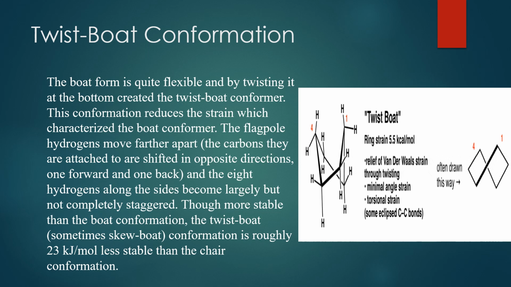And the 8 hydrogens along the sides become largely but not completely staggered. Though it is more stable than the boat conformation, the twist boat conformation is roughly 23 kilojoules per mole less stable than the chair conformation.